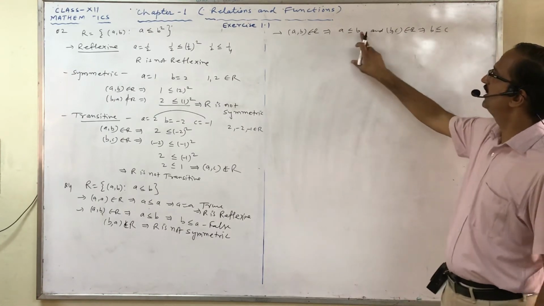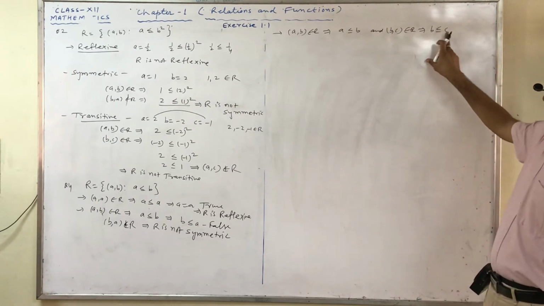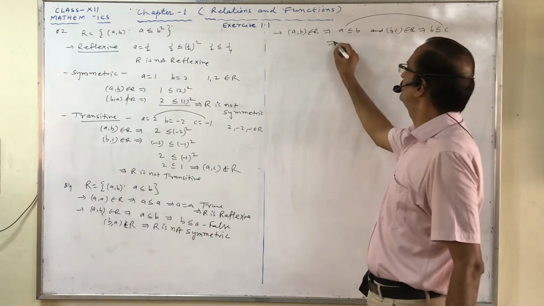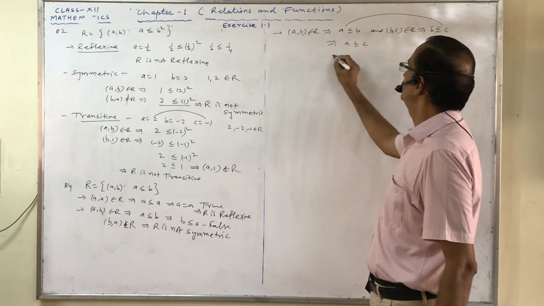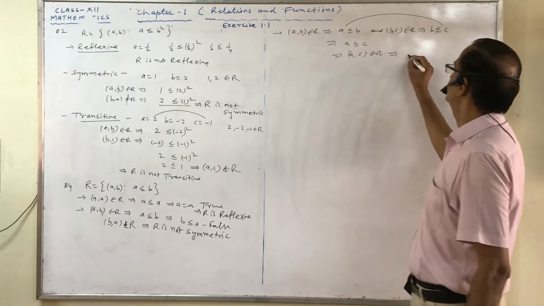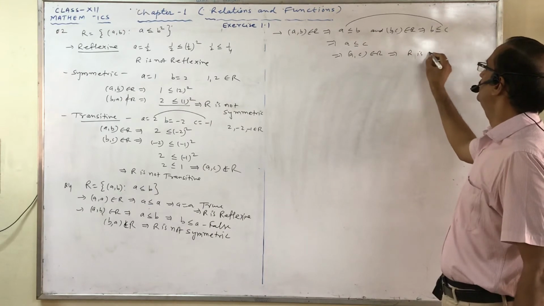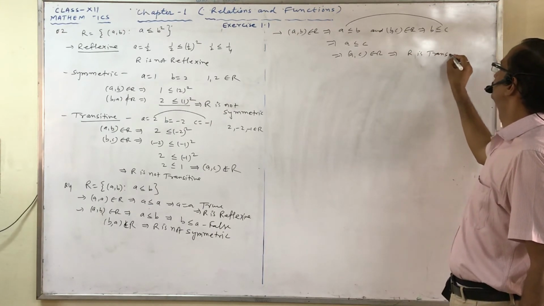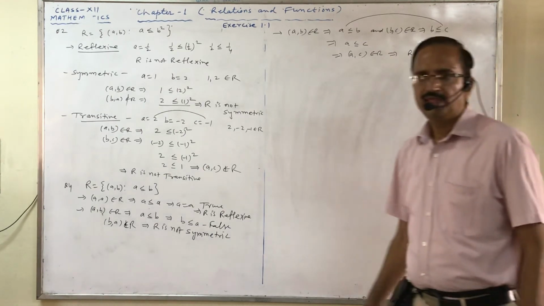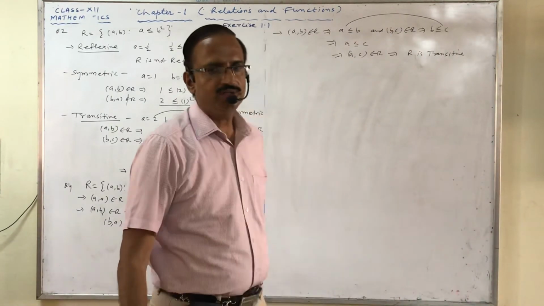Clearly, when a is less than b, and b is less than c, then a is also less than c. This implies that a is less than or equal to c. This implies that (a, c) belongs to R, and this implies that R is transitive. So hence it is proved that R is reflexive and transitive but not symmetric.